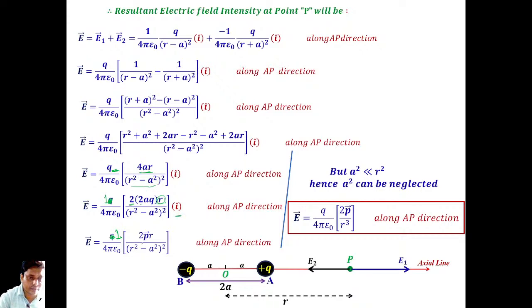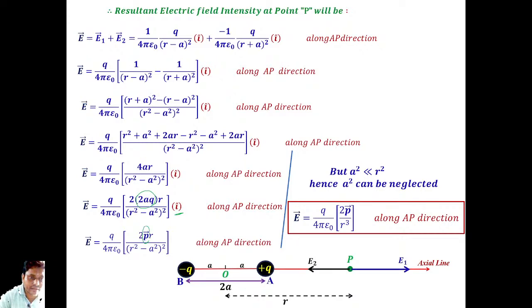Okay, and we know that 2a is the separation between the two charges, multiplied with q, that means the dipole moment magnitude. And if we consider its direction, the direction is along the positive x-axis direction. So here this value 2aq and I cap will be p vector.